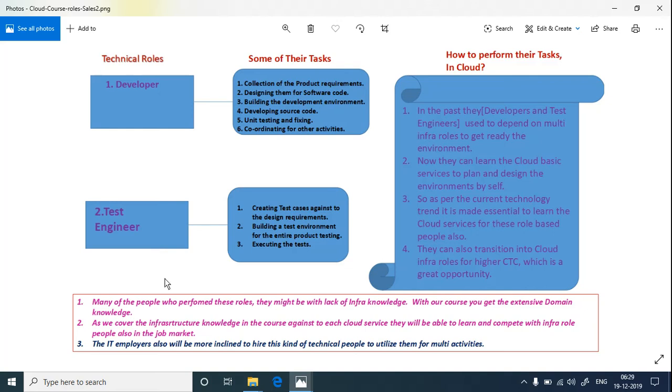Now let us come to the test engineer. The test engineer role is creating test cases against the design requirements, building a test environment for entire product testing, and executing the tests. Some of the technical guys, the test engineers, work with many automation tools. They are all techies.